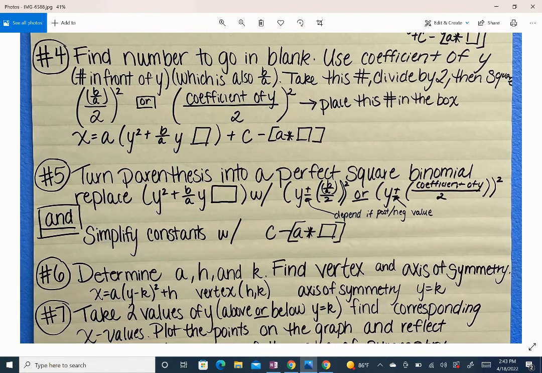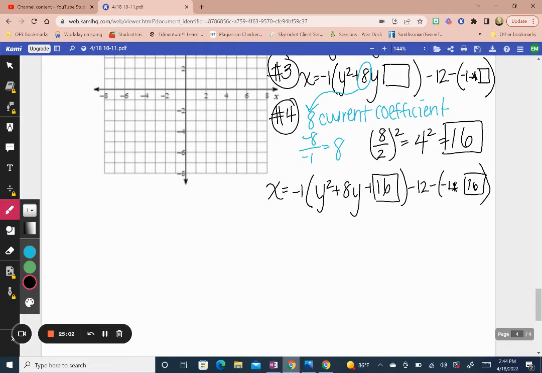So for step number 5, we're going to turn a parentheses into a perfect square binomial. So in those parentheses, it has the y squared plus b over a y, and then whatever we found for the box, and you're going to replace it with, and I'm going to do the second one, this coefficient of y divided by 2. And this plus or minus, once again, it only depends if it's a positive or a negative value.